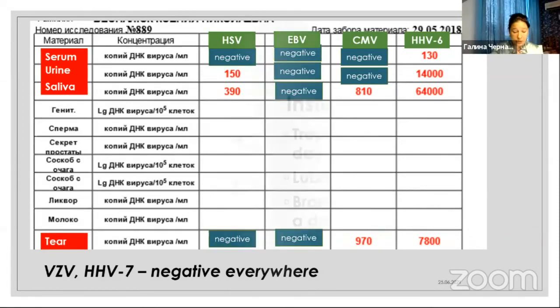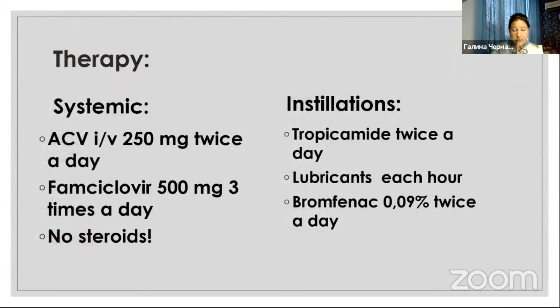She was treated with intravenous acyclovir plus famciclovir per os. Local therapy included tropicamide, lubricants, and bromfenac twice a day.